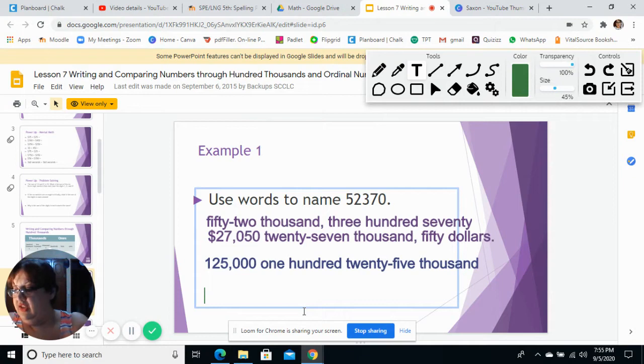All right, and let's try the number 203,400. Now, how would we say that? We would say 200, 3,000, see the 3 is in the thousands place.